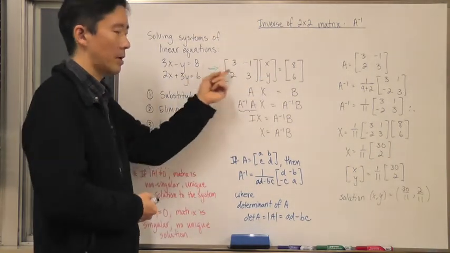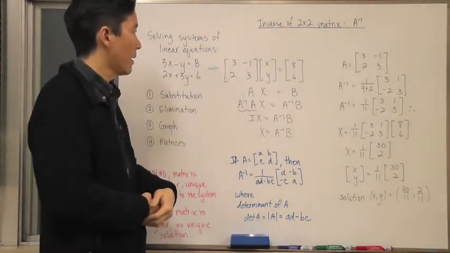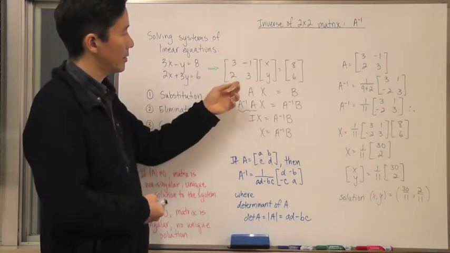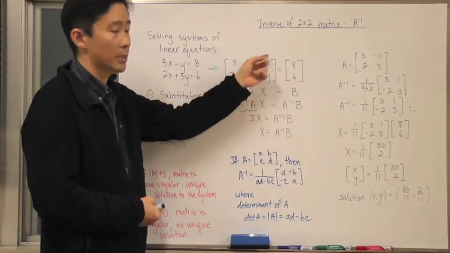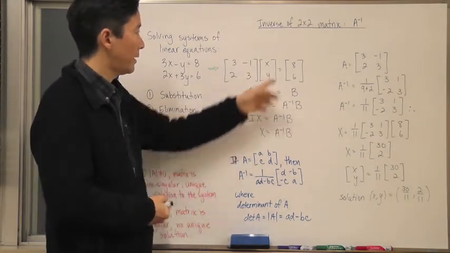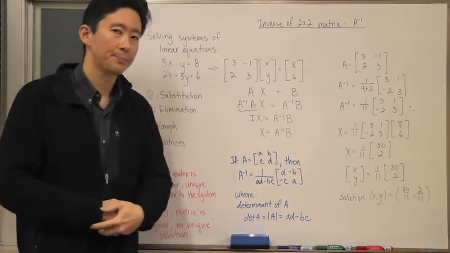So notice these two here are equivalent. So what we can do then is call this matrix A, this matrix X, because that's the matrix that we want to try to determine, and let's call that matrix B.